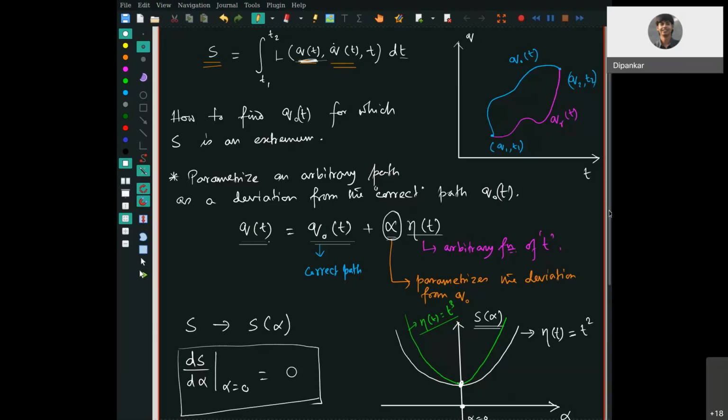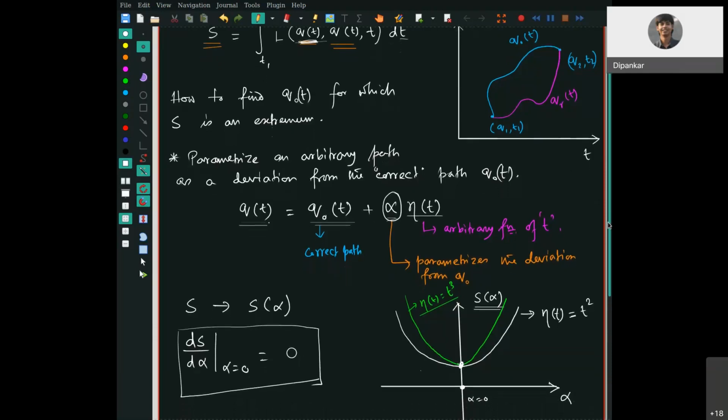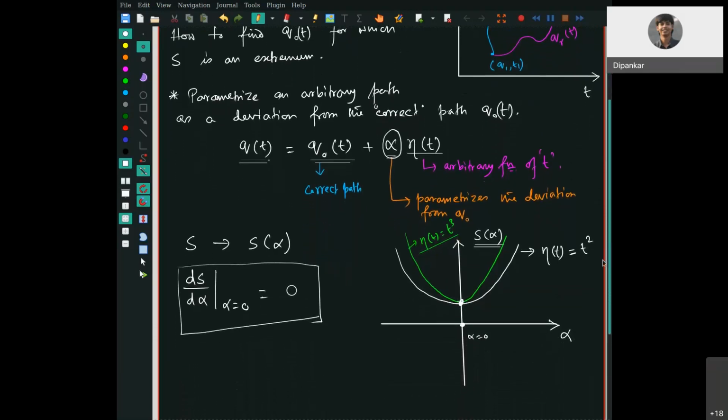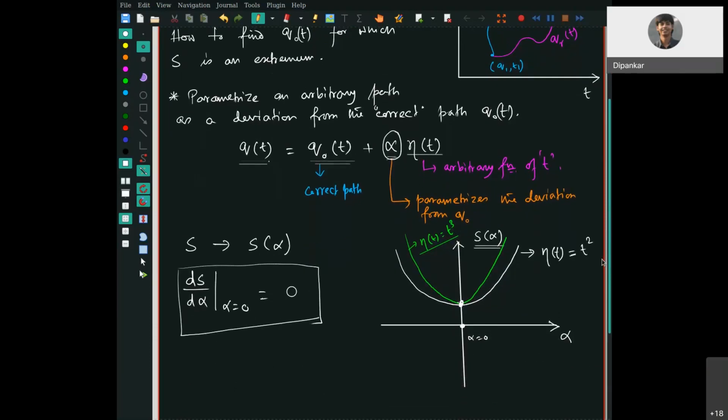Okay, sir. There was another question. So there must be an arbitrary function of t, right? Eta t is an arbitrary function of t. It will have a boundary condition, but carry on. Let me first hear your question. We have put it in the function as a replacement of qt, right?